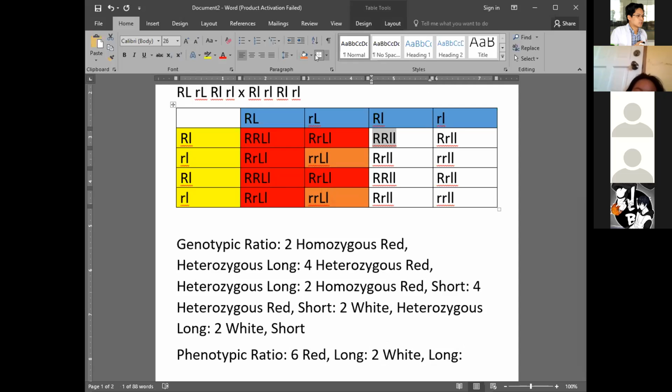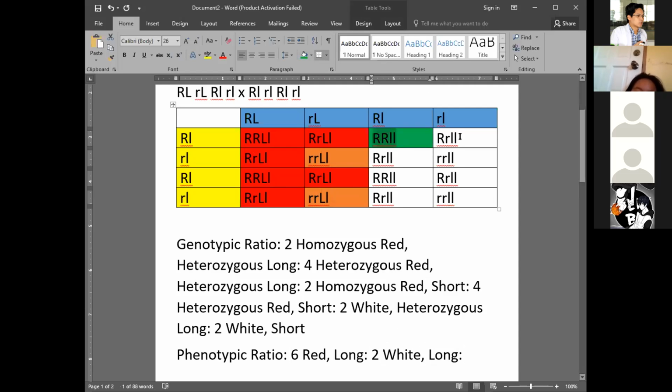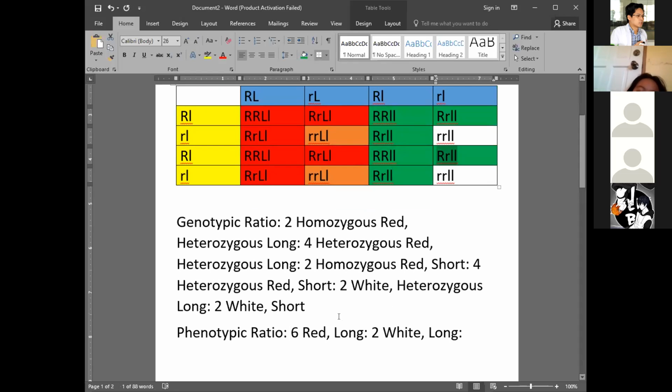1. Let's color this green. 1, 2, 3, 4, 5, 6. We have 6 red short.